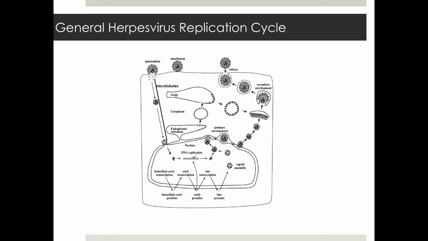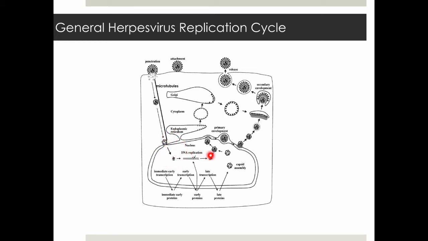And okay, if you go on YouTube and just look for herpes viruses being transported along microtubules, you can actually see some of these things, fluorescently labeled virions moving back and forth on the microtubules here. So here, move to the nucleus. At the nuclear membrane, the genome is released.